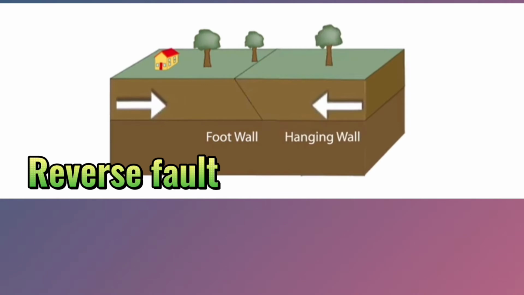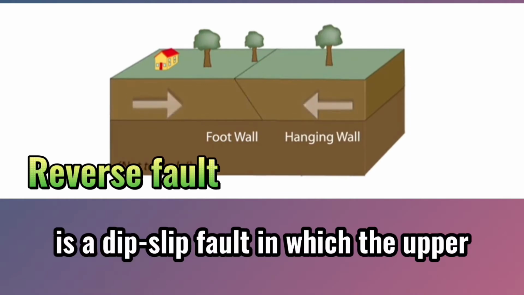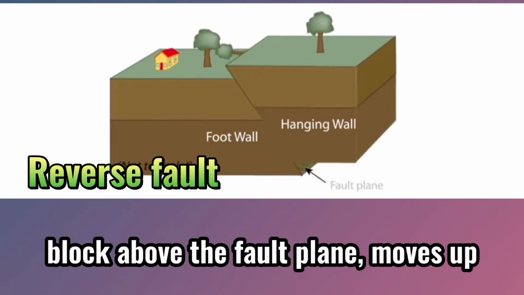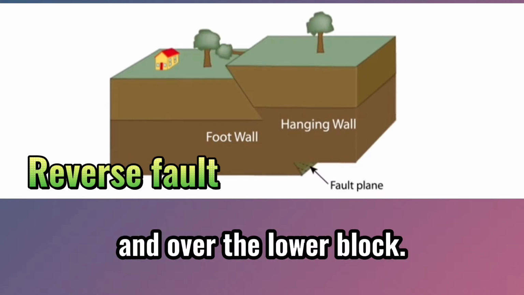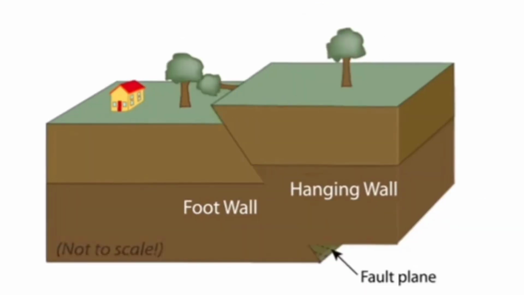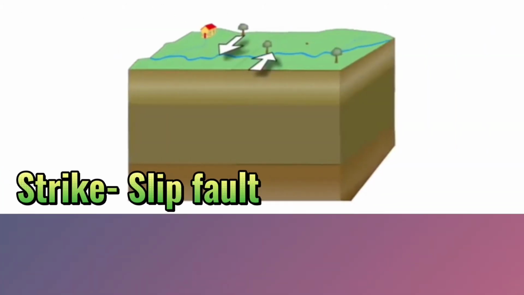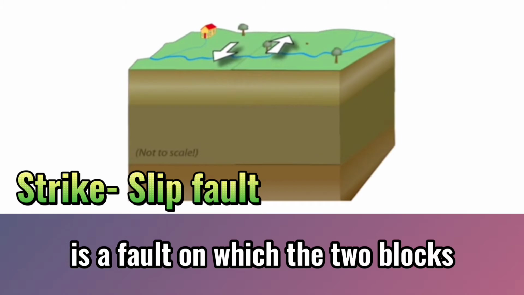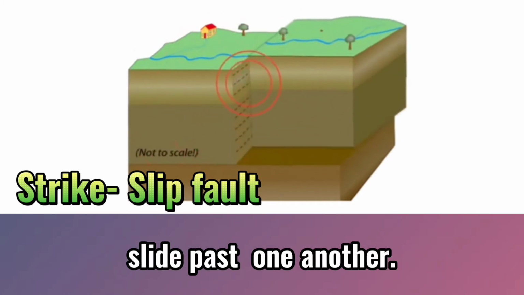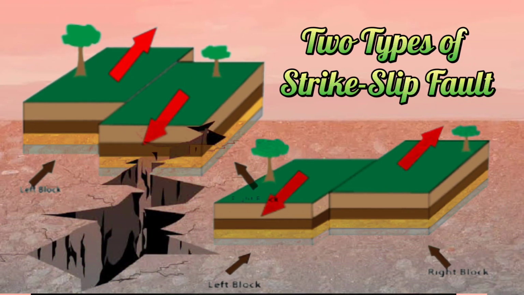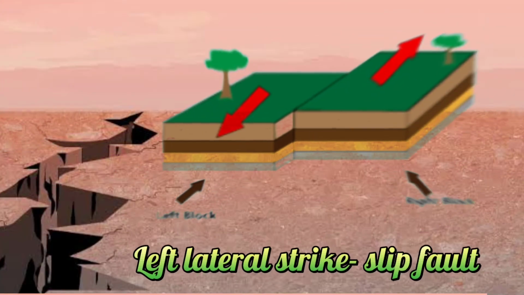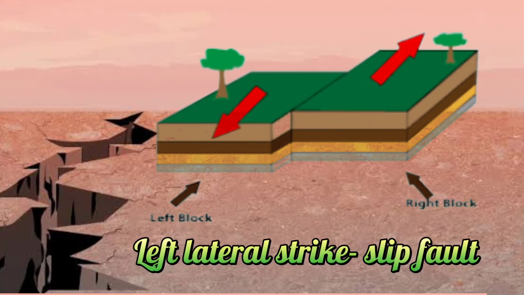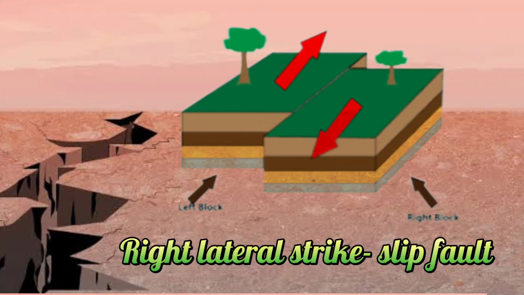Reverse fault is a dip-slip fault in which the block above the fault plane moves up and over the lower block. A reverse fault is often described as a thrust fault. Strike-slip fault is a fault on which the two blocks slide past one another. There are two types of strike-slip fault: left lateral strike-slip fault and right lateral strike-slip fault.